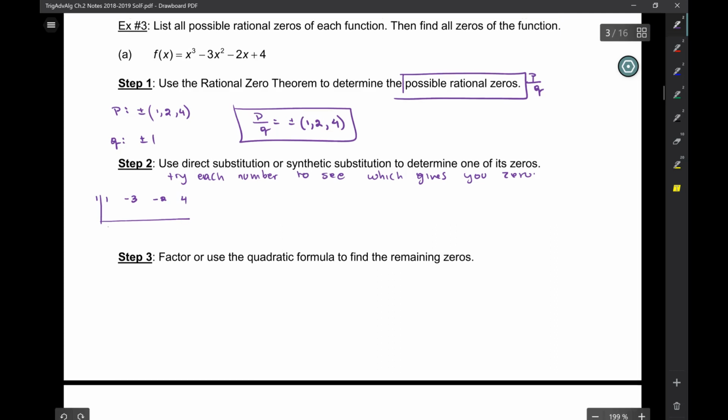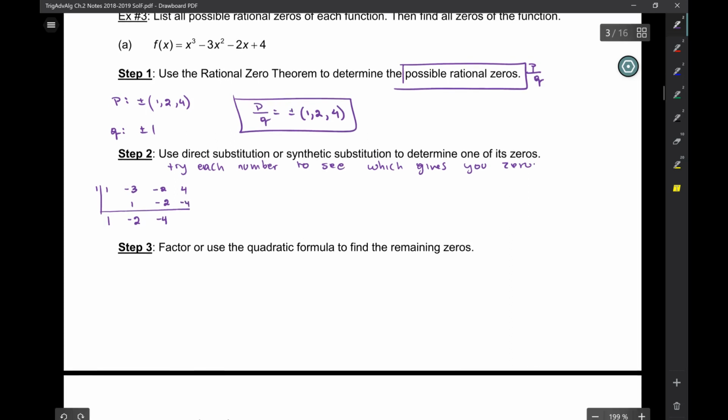What does that give you? 1, -2, -2, -4. And if I multiply, I get -4. If I add, what do you get? Oh my God, I got 0 the first time around.